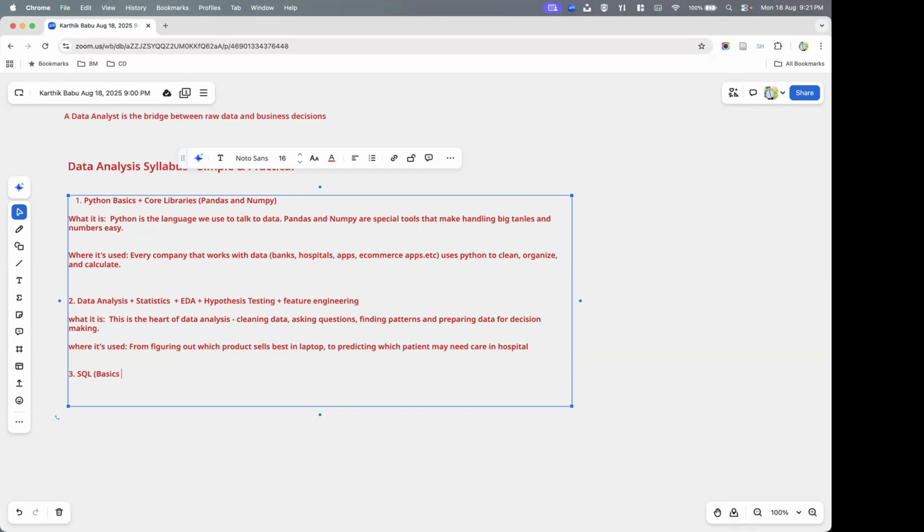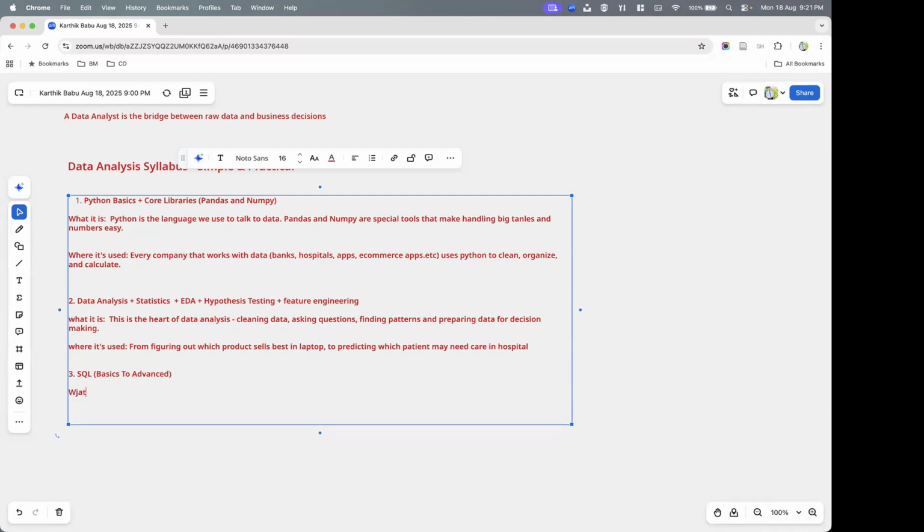In order to speak to these tables, we have a language called SQL. This language is very important for us because most of the data is stored in tables in the database, so we can talk to the DB, speak to the table and get a lot of things done. We will be covering basics to advanced SQL.